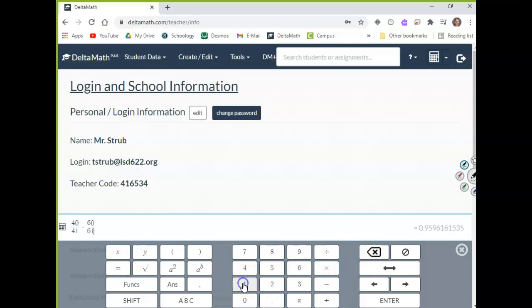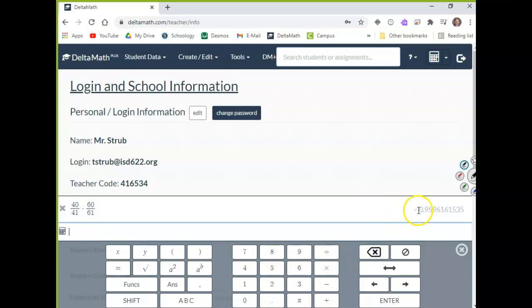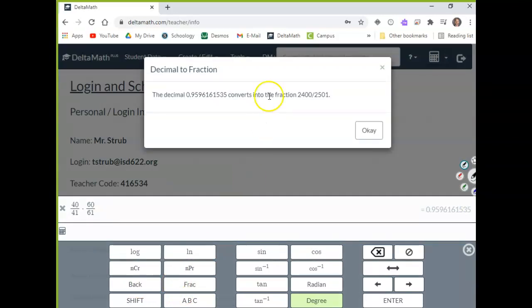Doesn't work so well at my computer. Now notice, I get a decimal answer. I can't take this decimal answer, so I have to turn that back into a fraction. If you go to function fraction, it will tell you what that answer is. So 2400 over 2501.